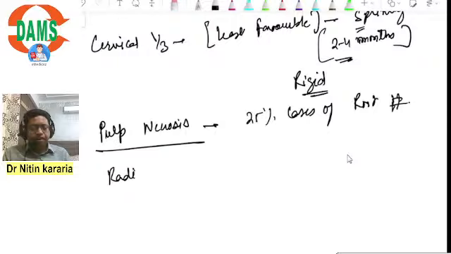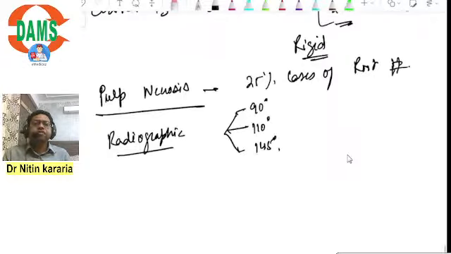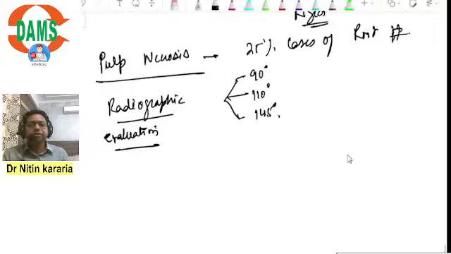Radiographs: for diagnosis, we have to take radiographs. 3 angle radiographs are required: 90 degrees, 110 degrees, and 145 degrees. 3 vertical angulations are required for exposing the radiograph in radiographic evaluation of cases of root fracture. Okay, these are the different aspects on which questions have come.